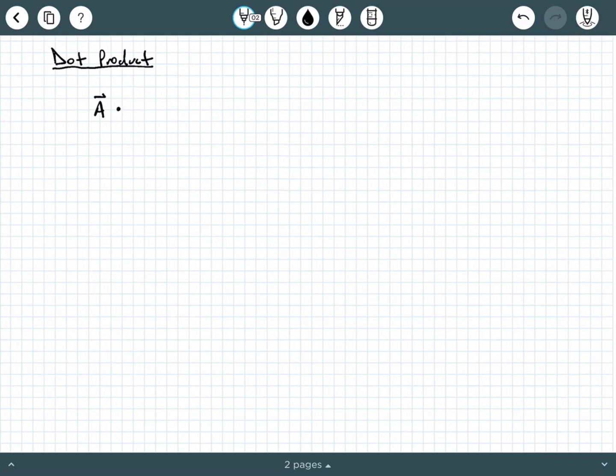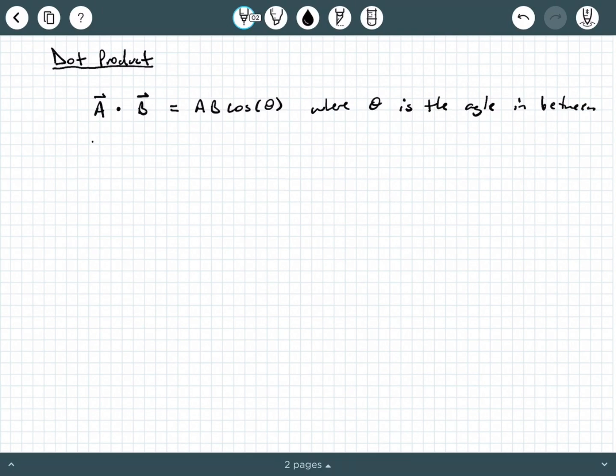If you have a vector A and you say vector A dot with some other vector B, we typically write that as the magnitude of A times the magnitude of B times cosine of theta, where theta is the angle in between the tails of vector A and B. So that would be like if we have some vector A right here, and then we have some vector B right here, and theta is the angle in between them, okay?